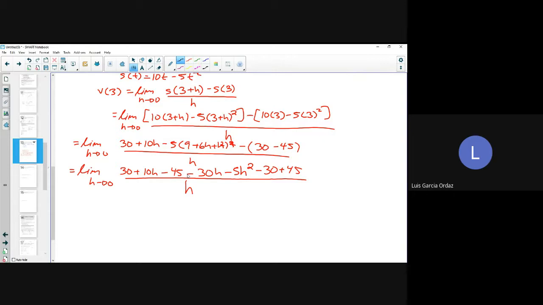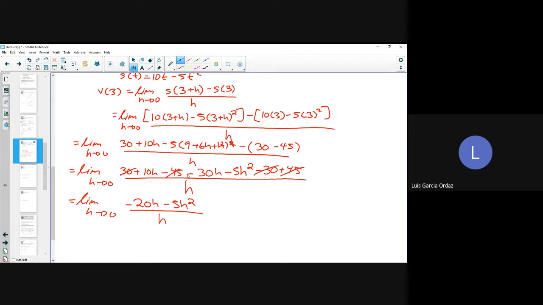So what you're going to start to notice is our 30s cancel out, our 45s cancel out, and we are left with the limit as h approaches 0 of negative 20h minus 5h squared all over h. So remember, the point here is to get rid of the h.